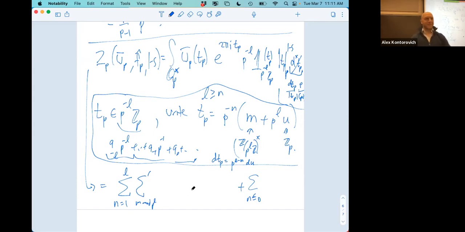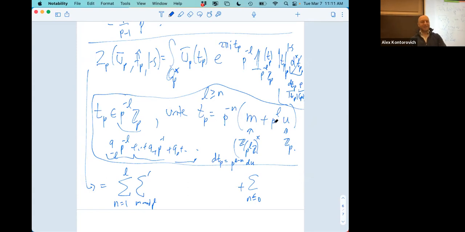Still don't see it. Well, I haven't done anything yet. I haven't written anything yet. So I'm just saying I'm making a change of variables, replacing T with U. Oh, I guess I don't see why you have to be different. So this is the additive Haar measure. The difference between T and U for fixed M and fixed N is just a constant.